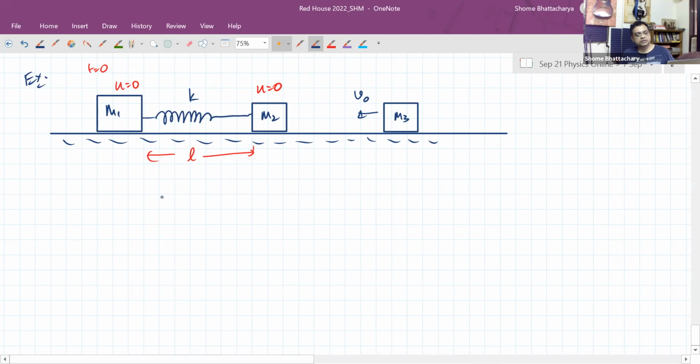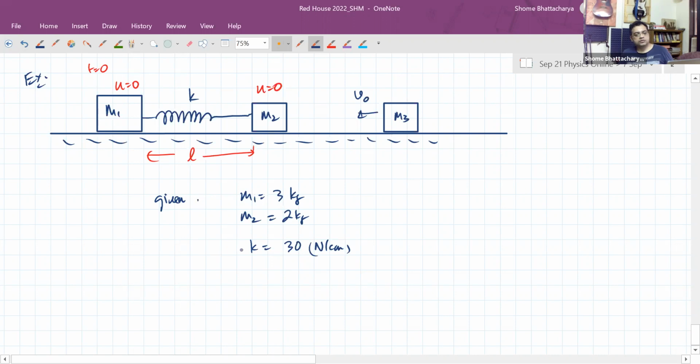Now, given that this block M1 is 3 kg, M2 is this time 2 kg, let's say, and the spring constant is 30 newtons per centimeter.